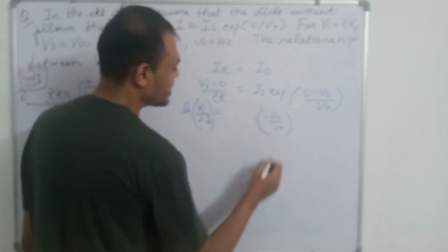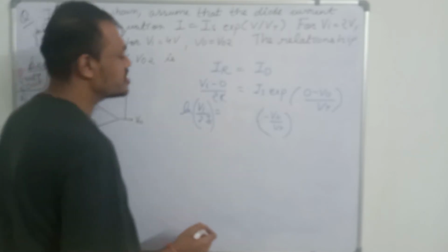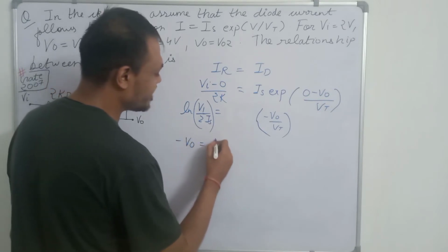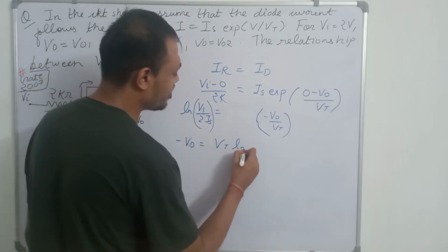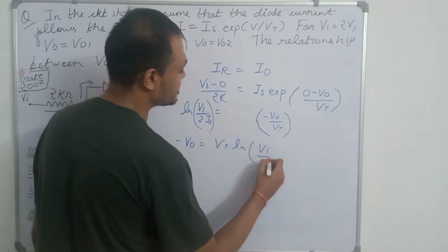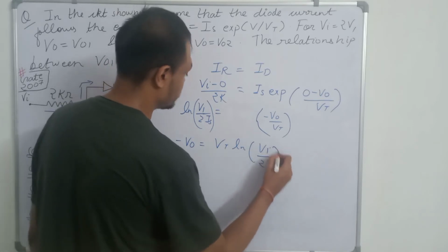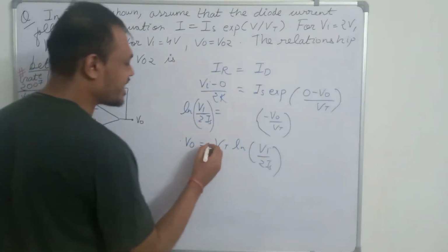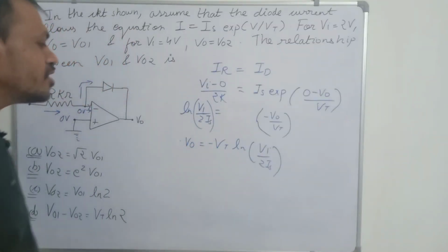So minus V0 will be equal to Vt into ln of Vi upon 2 Is, and V0 will be equal to minus Vt into ln of Vi upon 2 Is.